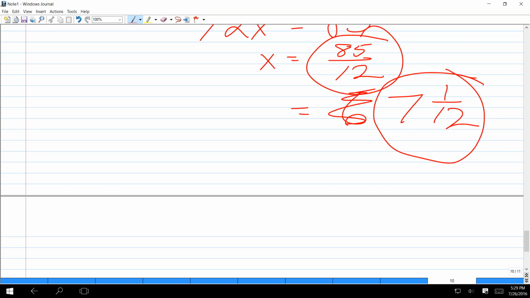Not this one. Not unless they specifically say, express it as a proper fraction. This is improper fraction. This is proper fraction. But the improper fraction is actually a better answer. It leaves you in a position to handle the next step, whatever it might be coming, better.